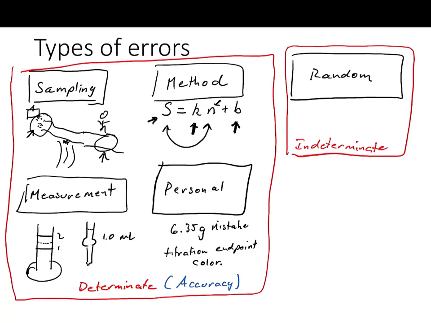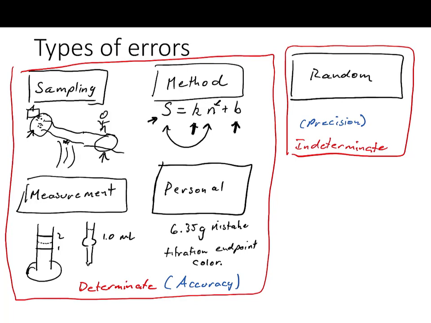If we have large amounts of determinate errors, then they are shifting the measured value away from the actual value. So this is affecting our accuracy. Random errors or indeterminate errors are affecting our precision. So the spread of the measurements, even if we can control for all the determinate errors, the indeterminate errors are going to remain and influence the precision of our measurements.